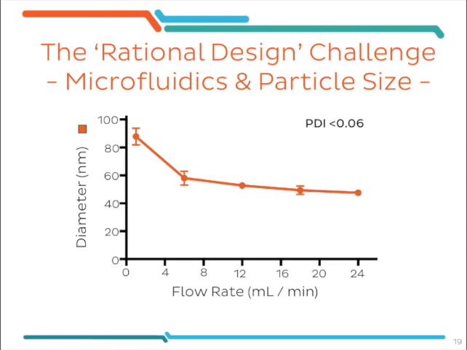And the resulting particle size, so the resulting particle diameter, was plotted against the total flow rate of the two fluids in the microfluidic channel. And as you can see, you can obtain a specific particle size by choosing the corresponding flow rate.